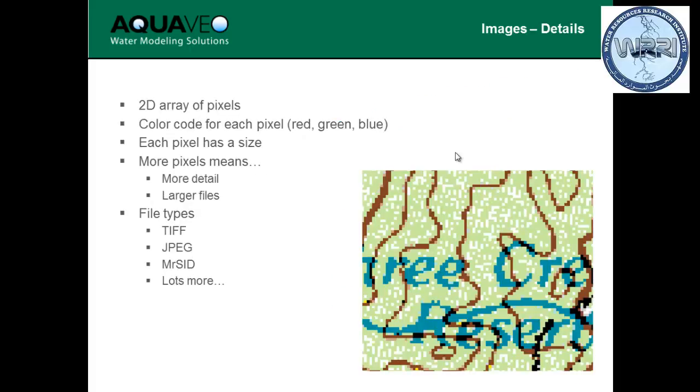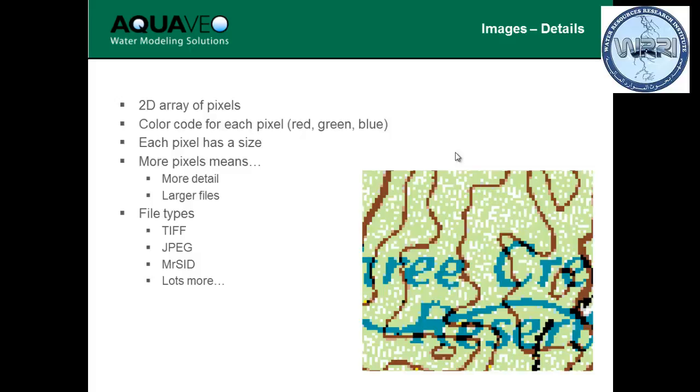If you have a whole bunch of pixels, that means you have more detail, but it could bog down your computer. If you have a huge image, that could end up bogging down your computer. Also, if I download a higher resolution image, it's going to take longer to download, especially here where your internet connection is slow.